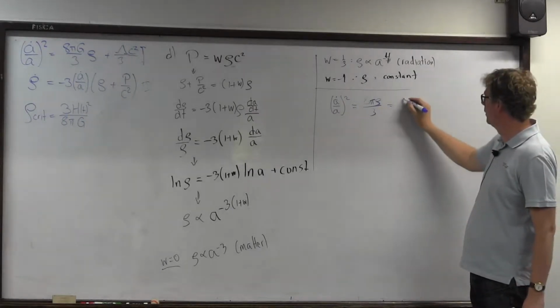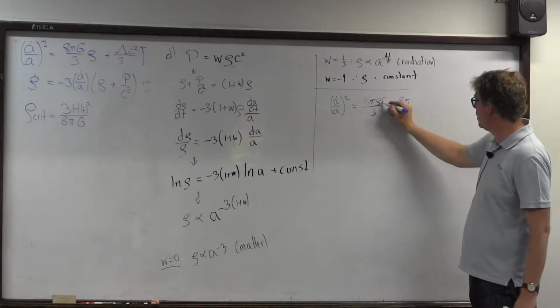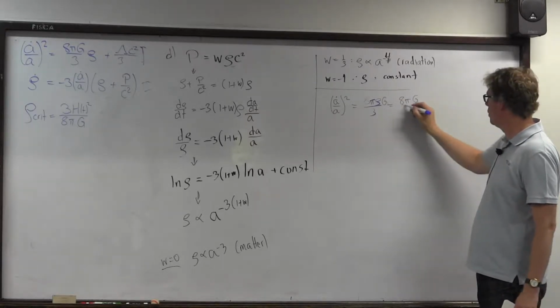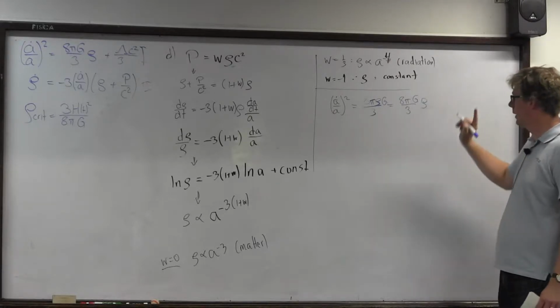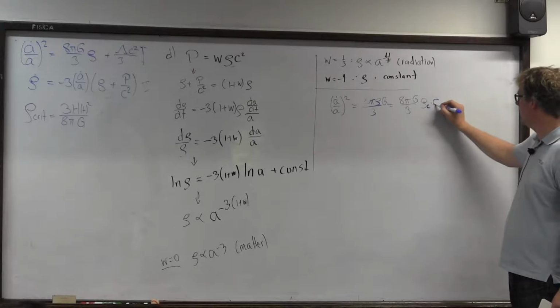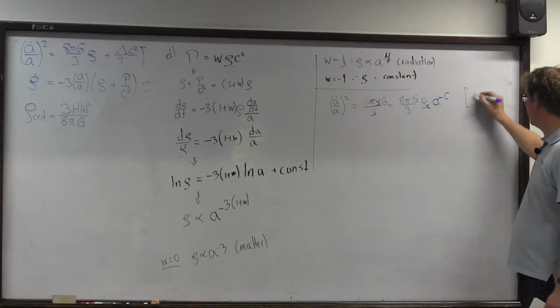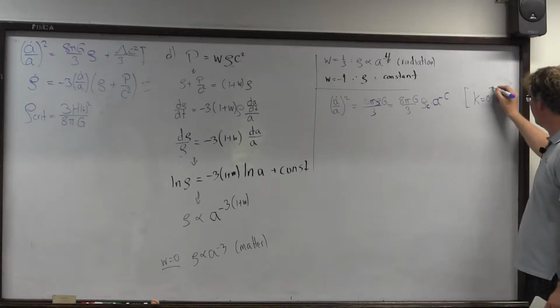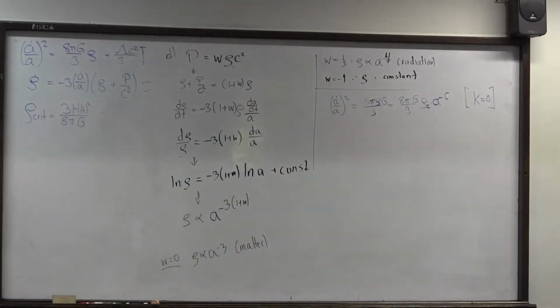And this, I will write, is equal to 8 pi G over 3 rho c times A to the minus some constant. And here I've set k equal to 0 because in the problem I say all the time that it's a flat universe. A flat universe means k equals 0.